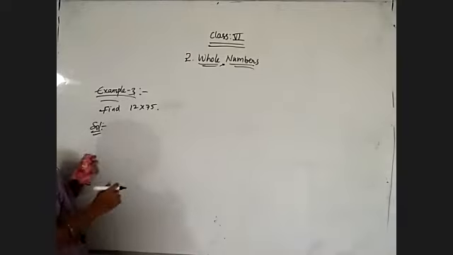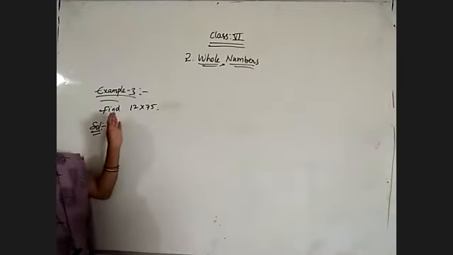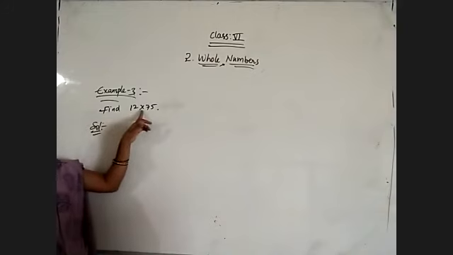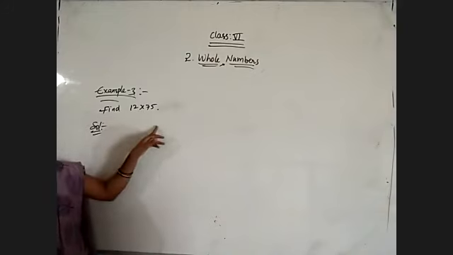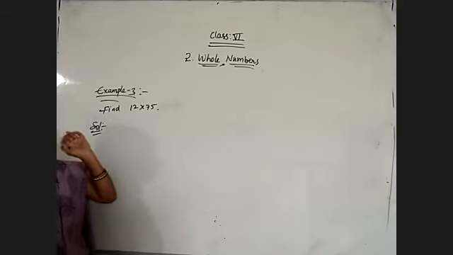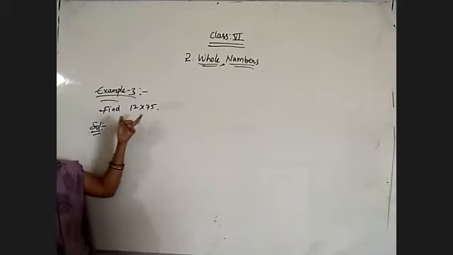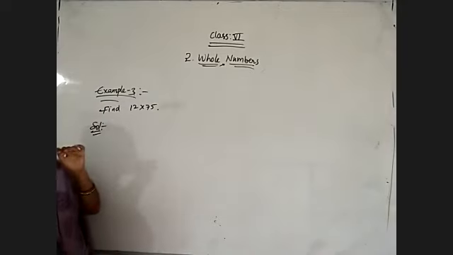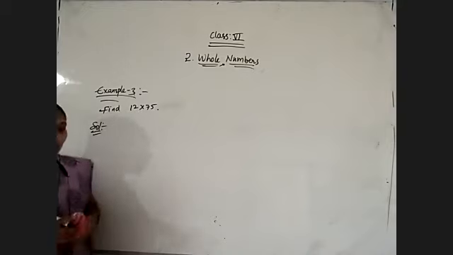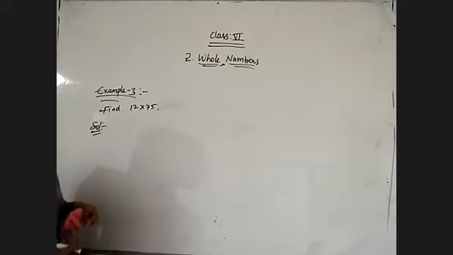As I told you, for the associative or commutative property, every time there must be three numbers with the same operation. Coming to this, only two numbers are there. I already explained: when there are two numbers, we have to go for the distributive property. So let us see how we will use the distributive property.